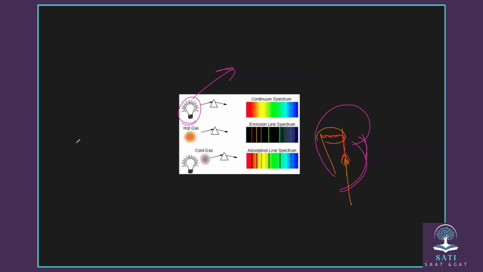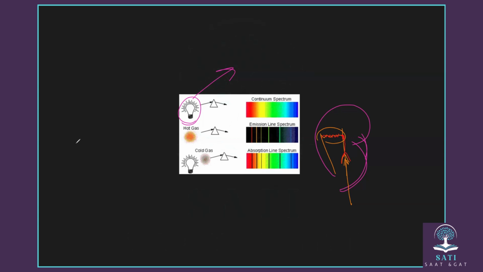Then when they come back to their ground state, to the lower energy levels, they emit light, which is the same energy they absorbed from the heat. So they emit this energy as light, and we see the light based on the energy that is given.